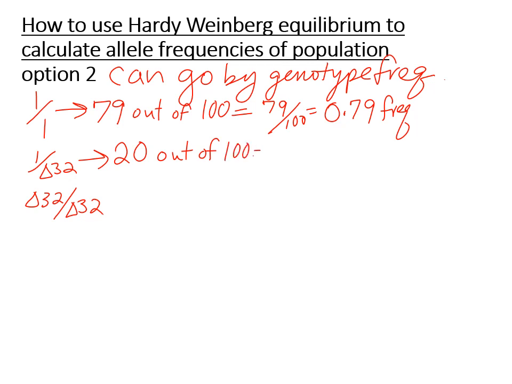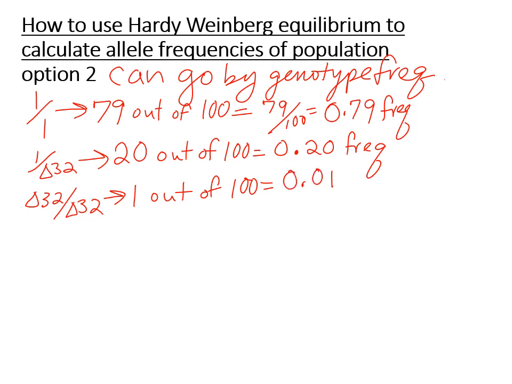So you do 20 divided by 100, which gives you 0.20 frequency. And the third one, we said 1 out of 100. So you would do 1 divided by 100, which is 0.01 frequency.